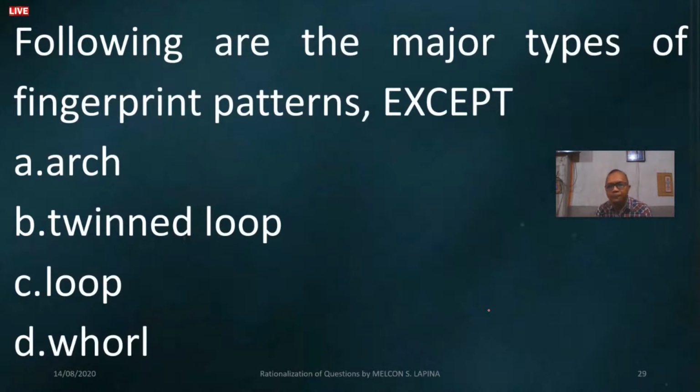Okay, number 29. Following are the major types of fingerprint patterns, except. Napakasimple na tanong, pero I tell you, itong theme na to palaging tinatanong sa board examinations. That's very easy. So we have the first one, the arch, and then we have the loop, and then we have the whorl.